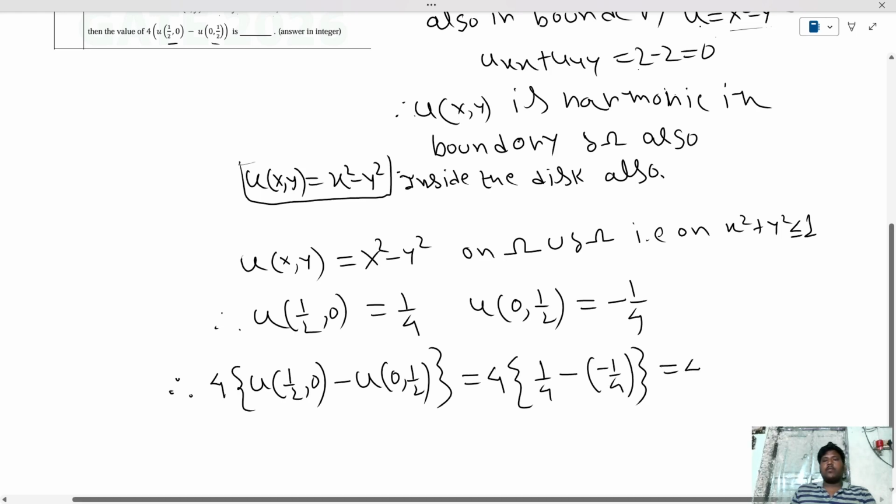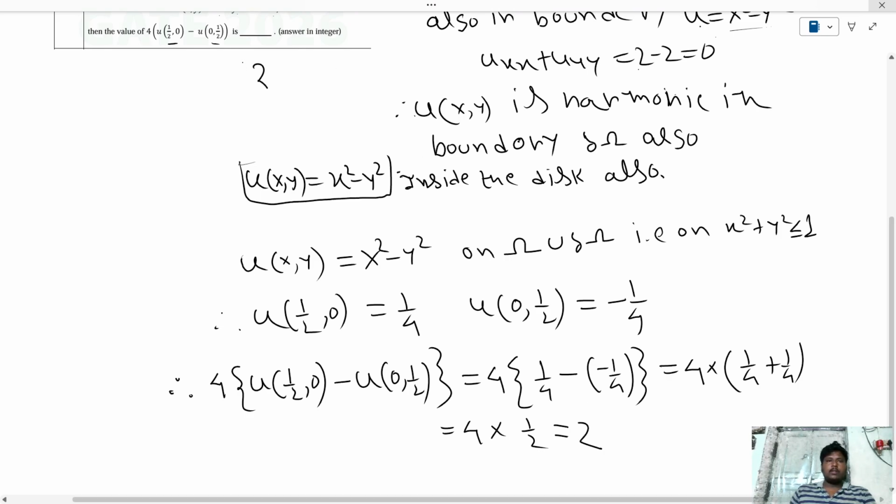That means 4 into 1/4 plus 1/4. That means 4 into 1/2. So the answer is 2. So our value is 2.